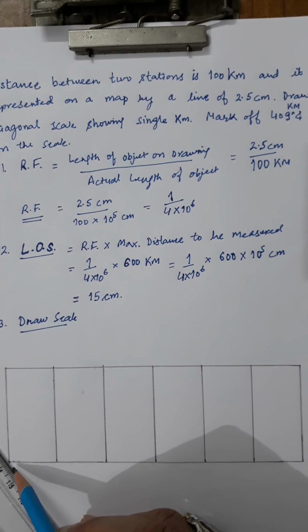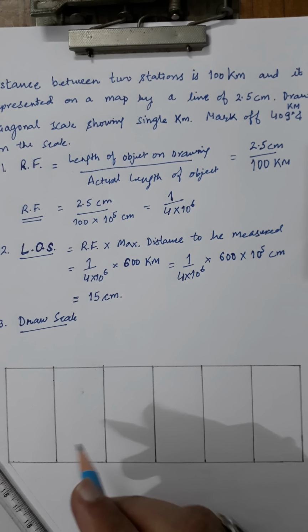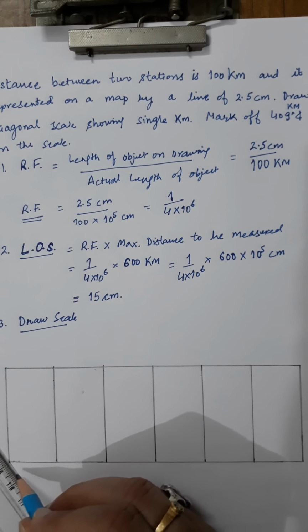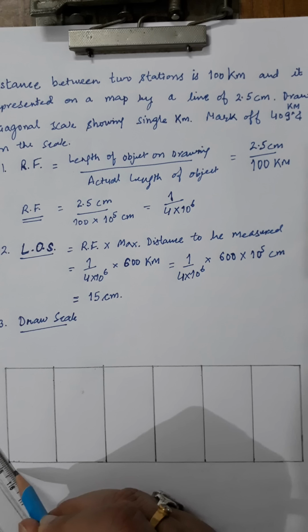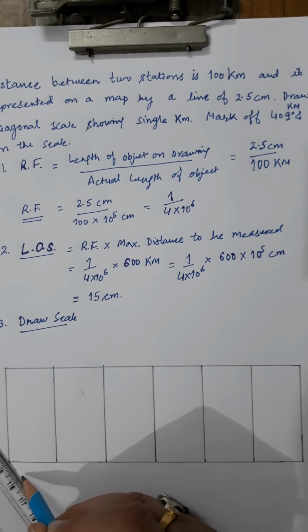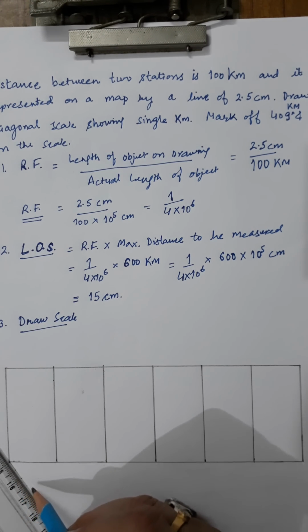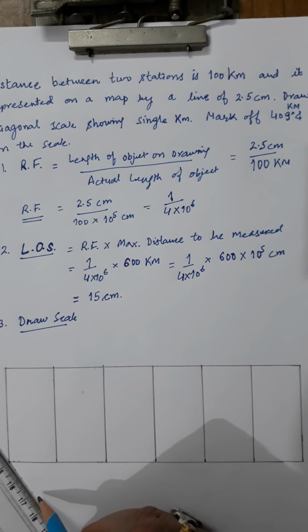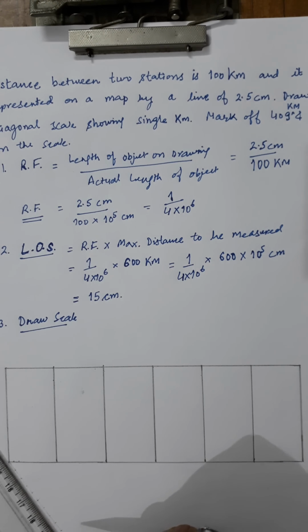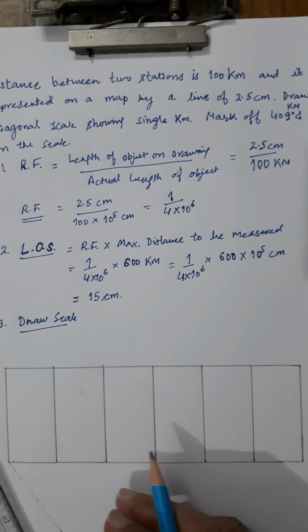You can draw any acute angle line here, and then simply use a compass, or take similar distances, say 5 mm each, maybe 10 mm, any distance, but it should be the same throughout. So it should be 10 equal parts: 1, 2, 3, 4, 5, 6, 7, 8, 9 and 10. I am taking any suitable distance, but it should be equal throughout. Otherwise you can use a compass.